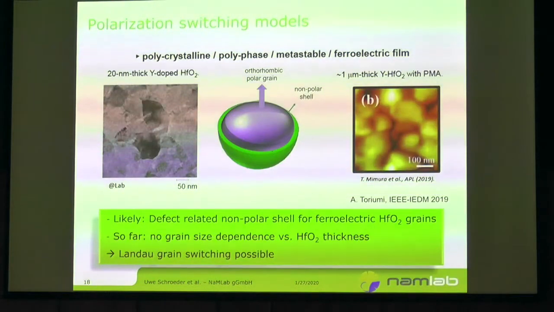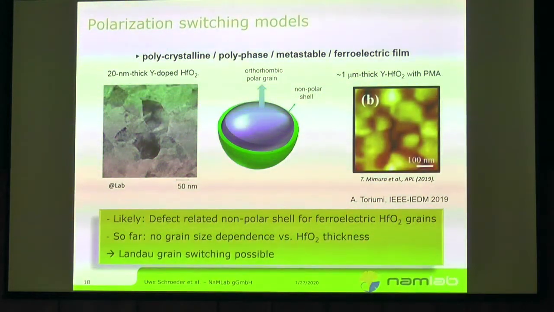One reason we think hafnium oxide is different compared to other materials is that it has an extremely small grain size. We're always in the order of 10 to 20 nanometer, and maybe 30 nanometer in most of the measurements.